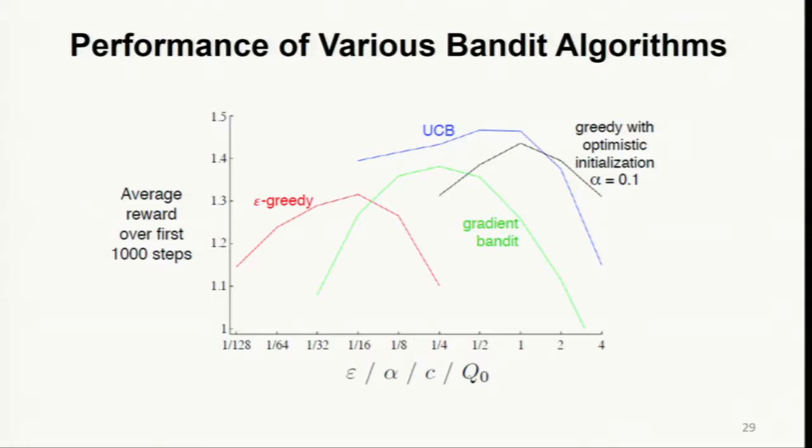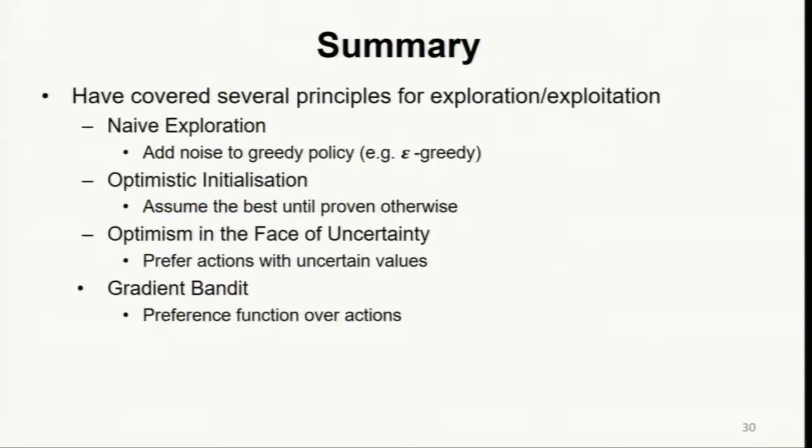So far we have talked about different algorithms: UCB, epsilon-greedy, gradient bandit, and greedy with optimistic initialization. Obviously, UCB has pretty good performance. So in summary, we have covered several principles for exploration and exploitation.